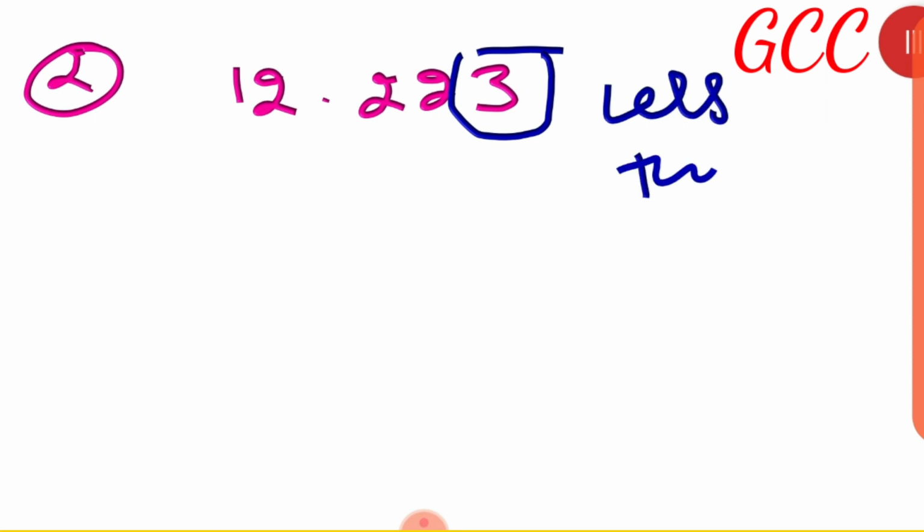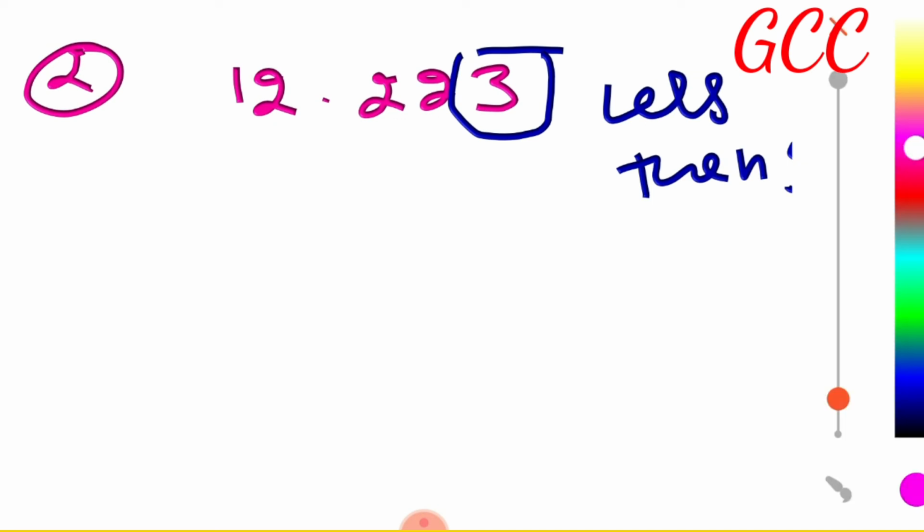Okay, now number 2. All of you see rule number 2 in the rounding off. If the digit is less than 5, suppose we are having 12.223. Now in this case you must see the last digit. This last digit is less than 5. Am I right? So what can we do, beta?